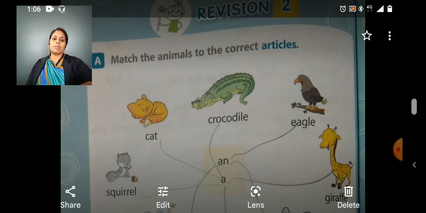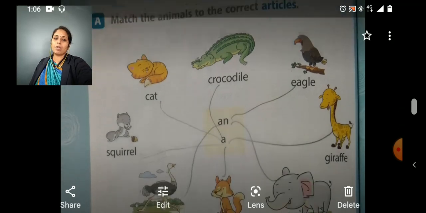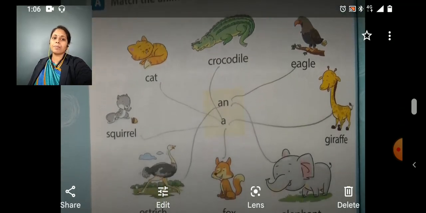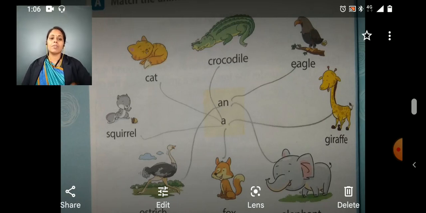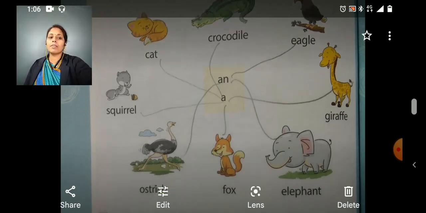So here is one small activity for all of you. You can see some of the animals are in a group, like crocodile, cat, squirrel, ostrich, fox, elephant, giraffe and eagle.